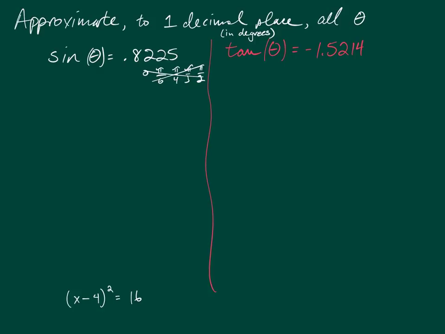Now you can't just start operating on this x because it's in parentheses that are being squared. So the first step here would be to do the inverse operation of this square. Well, the inverse operation of a sine is a sine inverse.